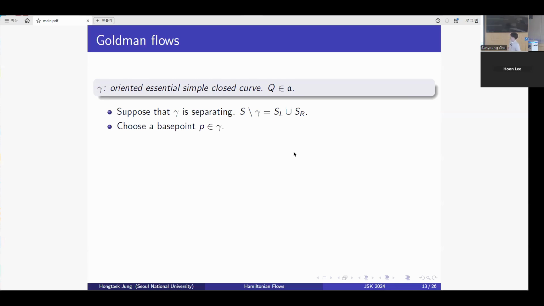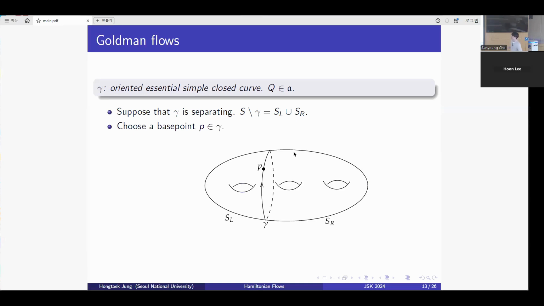You choose a base point P on gamma. Pictorially, we have a giant surface S, and gamma oriented as follows. Because gamma is oriented, we can define the left-hand side and right-hand side and choose P here. Then by using the Van Kampen theorem, you can decompose your fundamental group as an amalgamated product of the fundamental groups of the left and right subsurfaces.